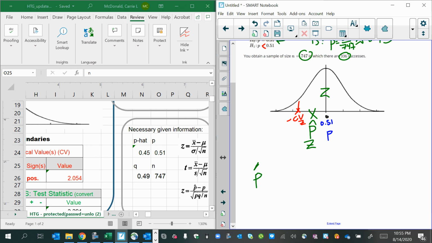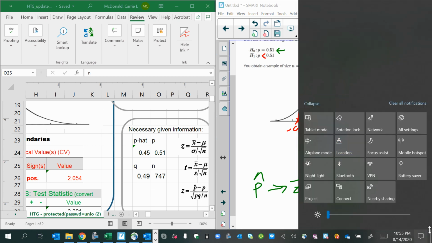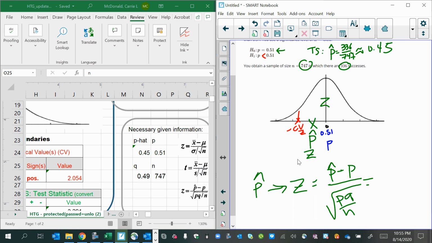So p hat gets converted into a z-score using the formula right here. Z equals p hat minus p over the square root of pq divided by n. So that'll be 0.45 minus 0.51.